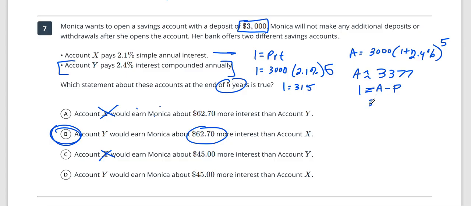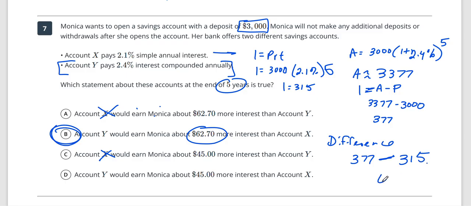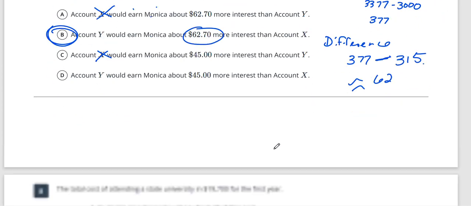So 3,377 minus the 3,000 gives 377. Now to get the difference, 377 minus the 315 gives me about $62 roughly. Okay, there she is.